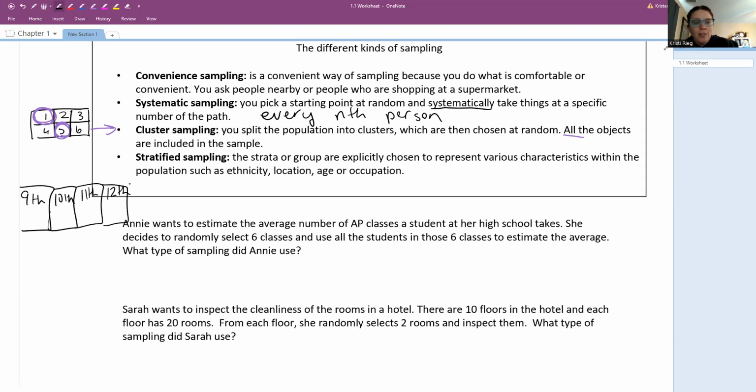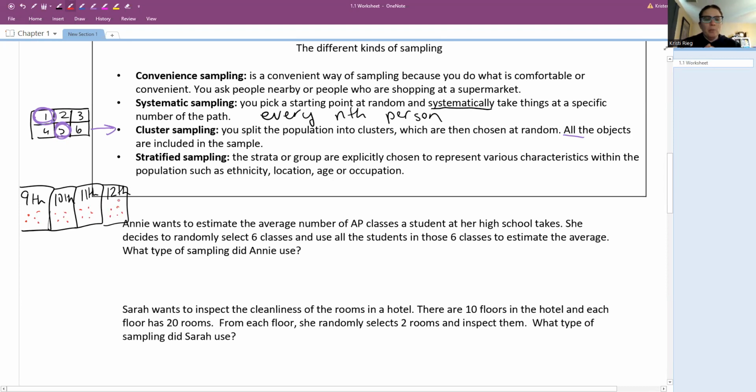Okay, so then what I would do, now that I have everybody split up, I'm going to take, let's just say, these 5 people and these 5 people and these 5 people and these 5 people.